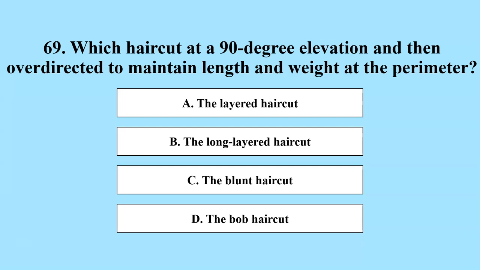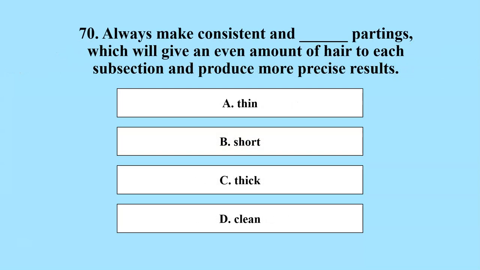Which haircut at a 90-degree elevation and then over-directed to maintain length and weight at the perimeter? The layered haircut, the long layered haircut, the blunt haircut, the bob haircut. If you chose B, the long layered haircut, you are correct.